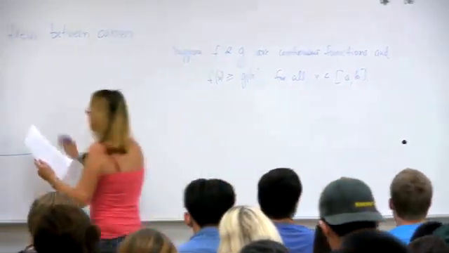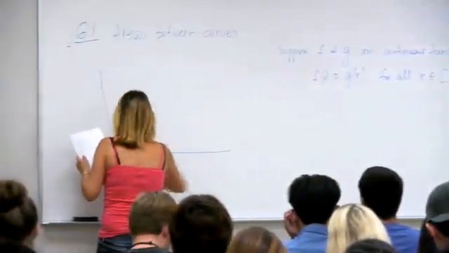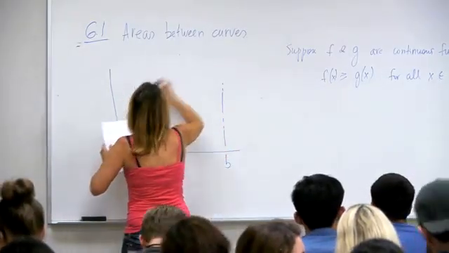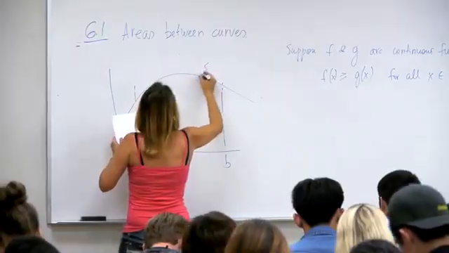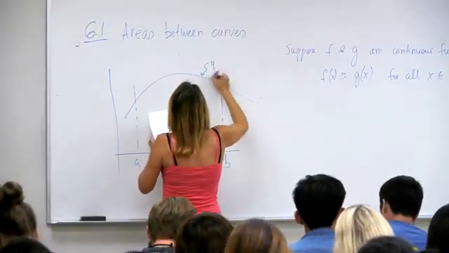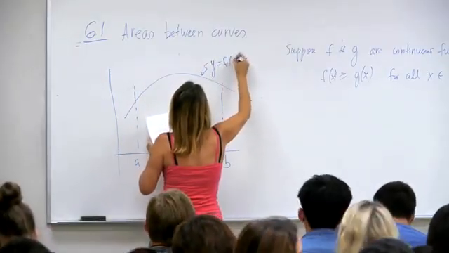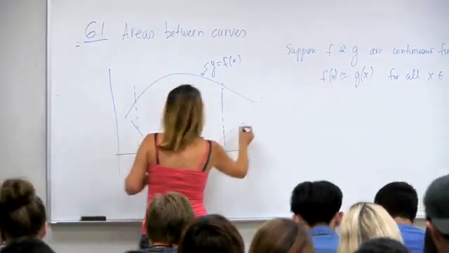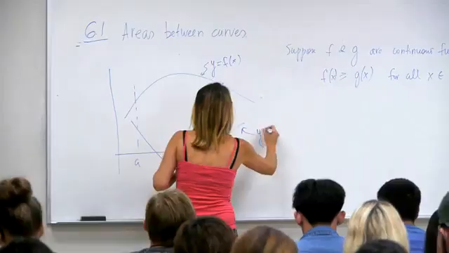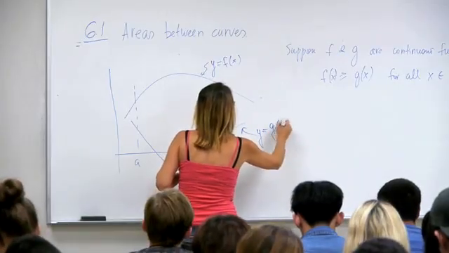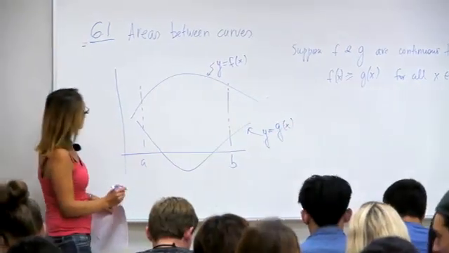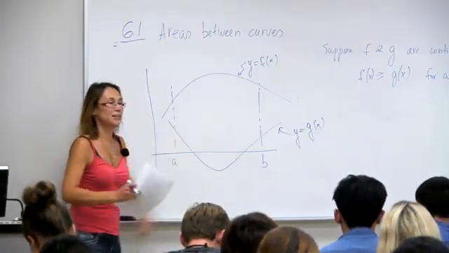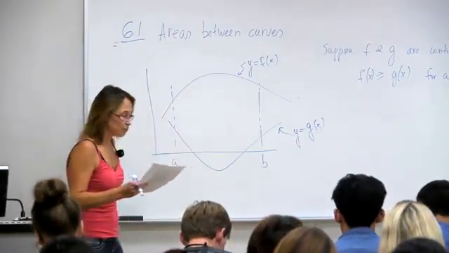So I have an interval from a to b, and this is the curve y equals f of x. And this here, for instance, the curve y equals g of x. Okay? And as you can see graphically, f is greater than or equal to g.